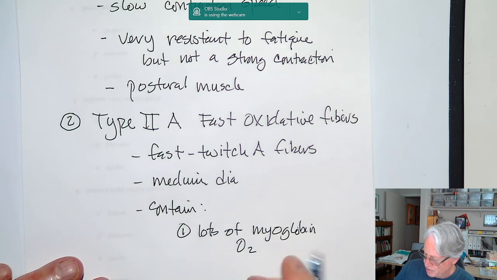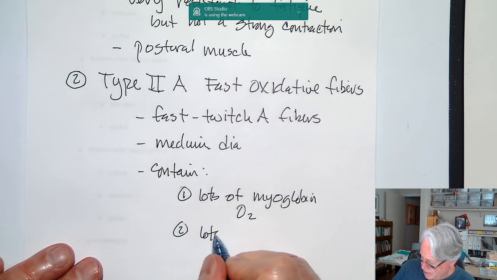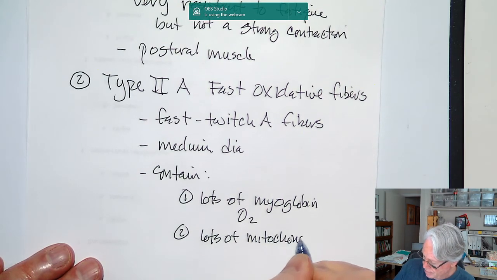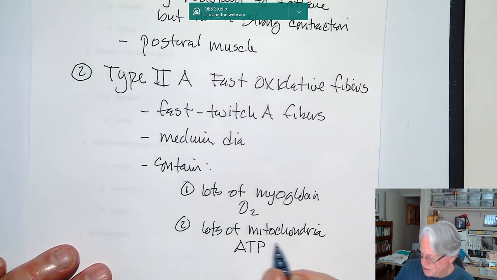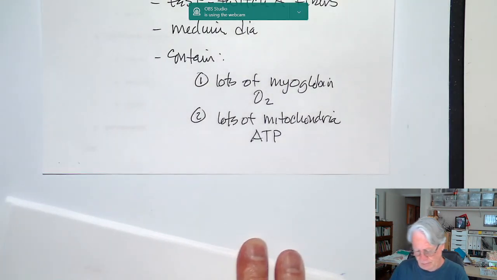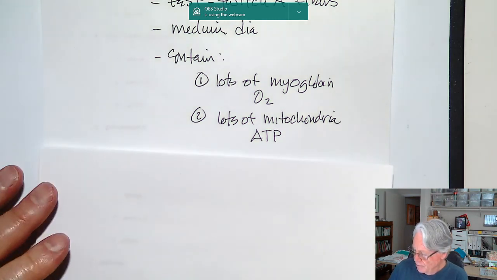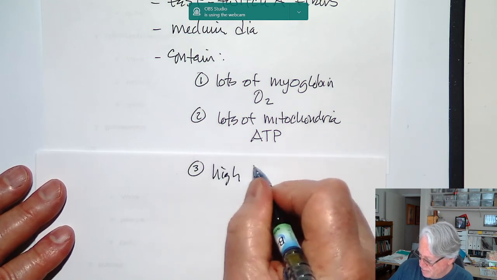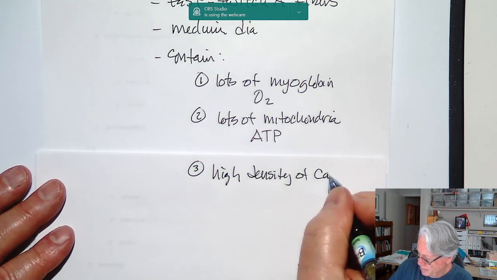So we've got lots of O2. Lots of mitochondria. So we can produce a lot of ATP. High density of capillaries.